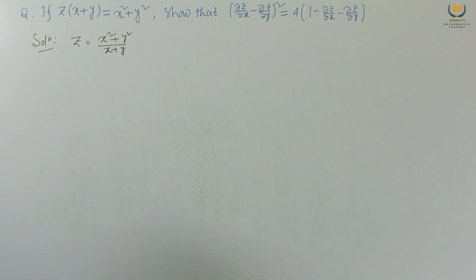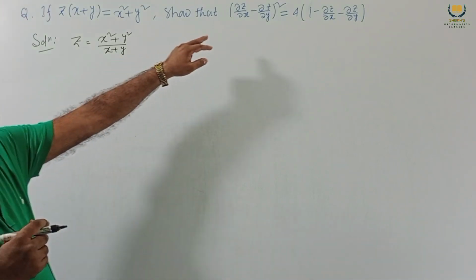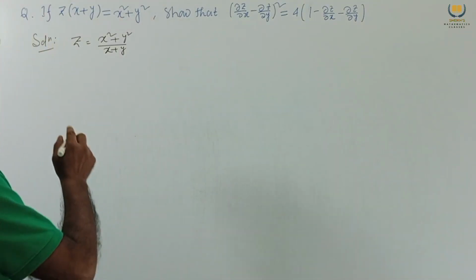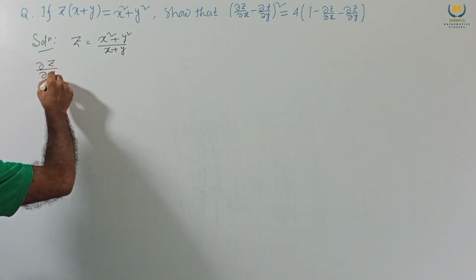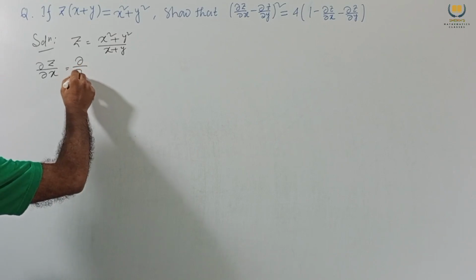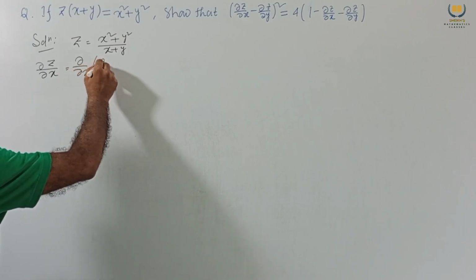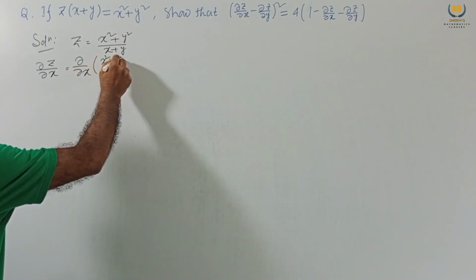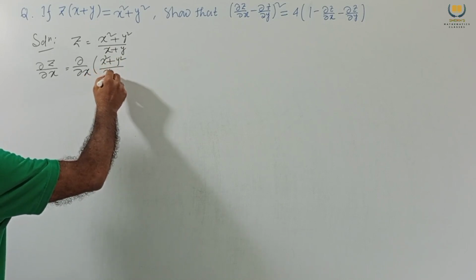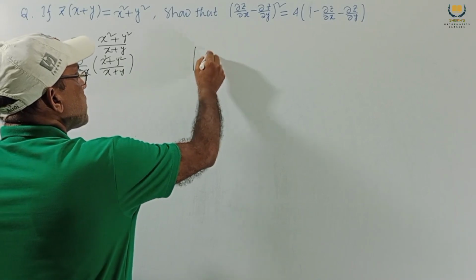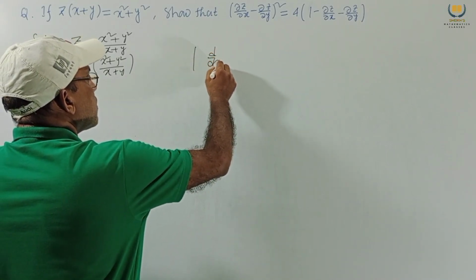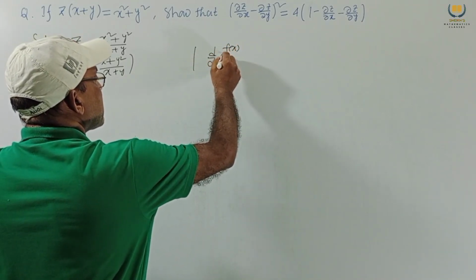We get this. Now first we find del z/del x, differentiating partially with respect to x on both sides. We know the quotient rule, d/dx of f(x) by g(x), from higher secondary first or second year.